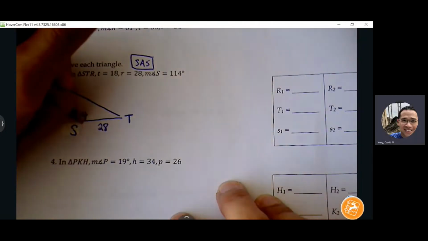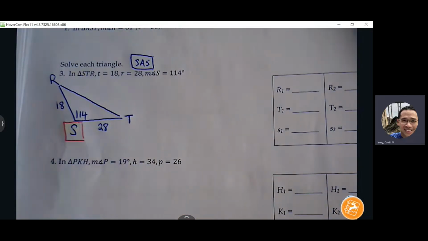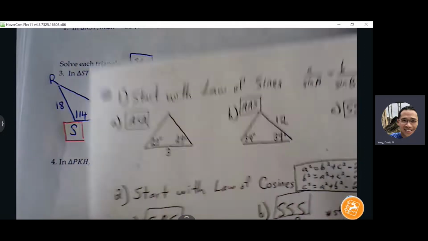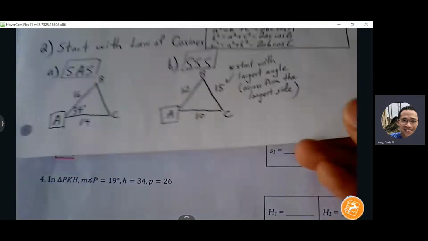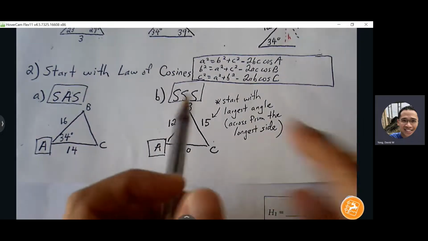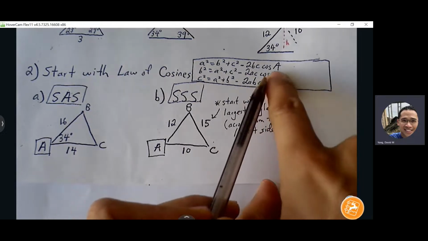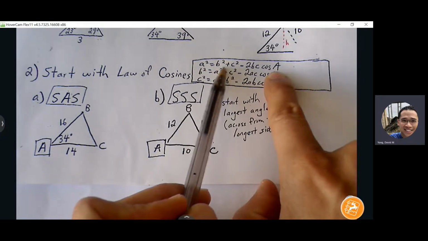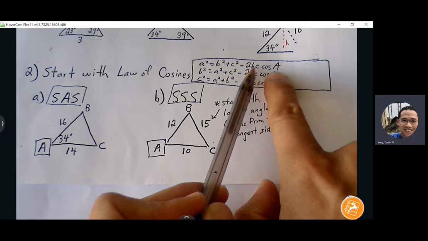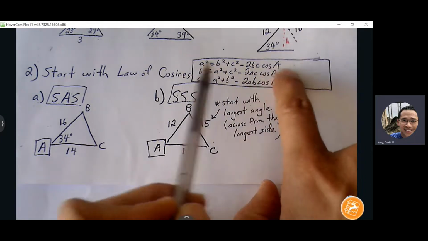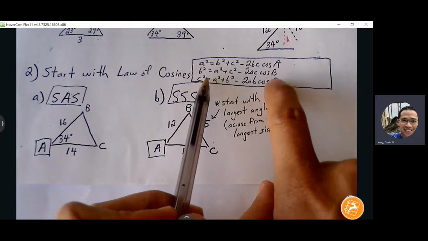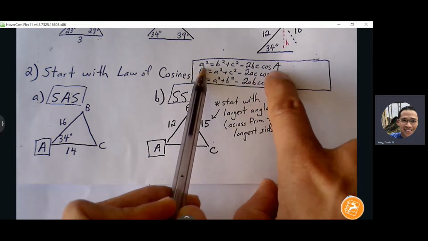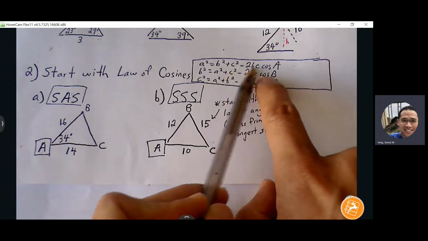So we only have one angle here, so we're going to have to rely on the formula that has angle S. Now, the formula doesn't have angle S in it, so you're just going to have to create one off of here. So if I want angle S, let's say this is angle S here, then I can say S squared equals R squared plus T squared minus 2RT cosine of S. So whatever variable you're dealing with, it will show up at the beginning and the end, and all the middle ones will be the other variables.